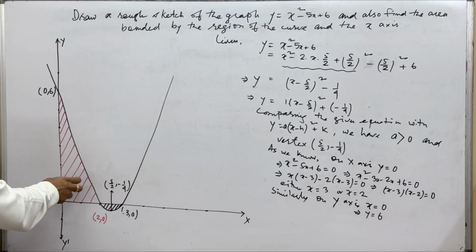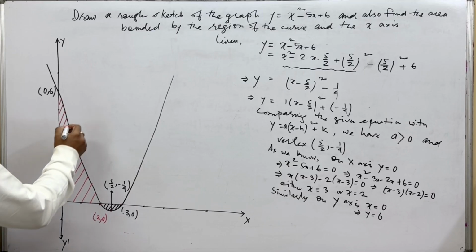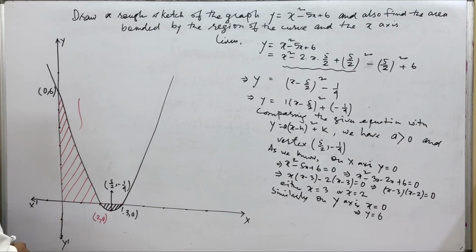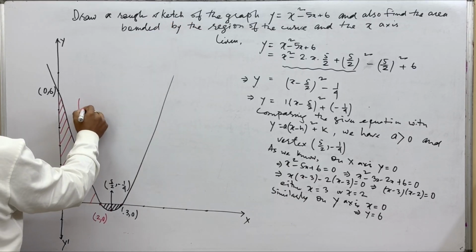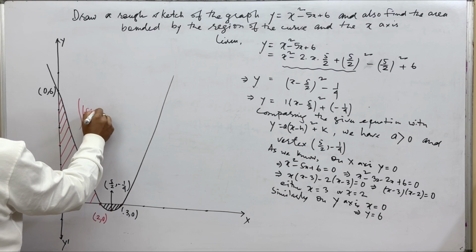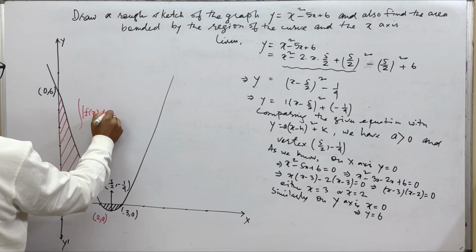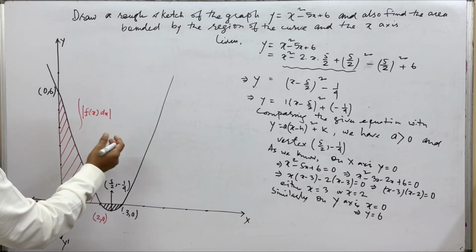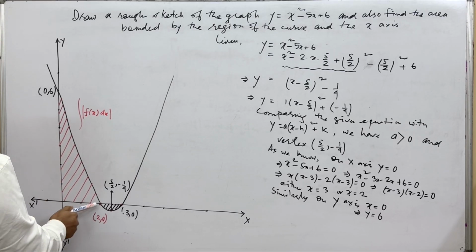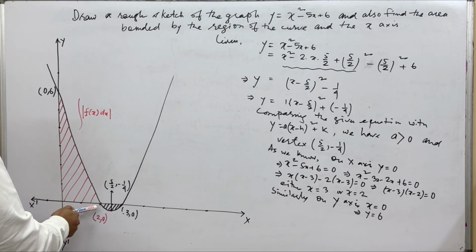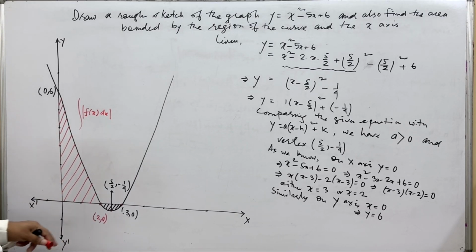Suppose this region area we need to find out. Then what to do, you know? We need to integrate the modulus of the function of x dx. Why? Modulus, because area must be positive. Here it is 2 and this is 0.